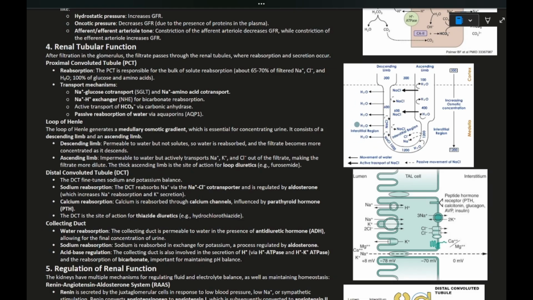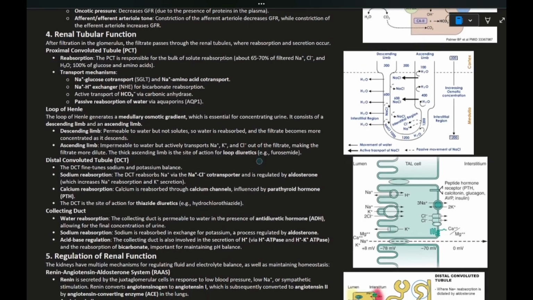So water is reabsorbed, and the filtrate becomes more concentrated as it descends. On the other hand, the ascending limb is impermeable to water, but actively transports sodium, potassium, and chloride out of the filtrate, making the filtrate more dilute.